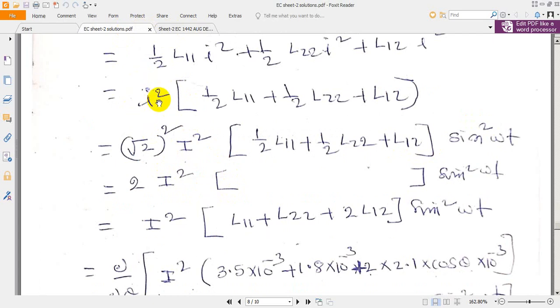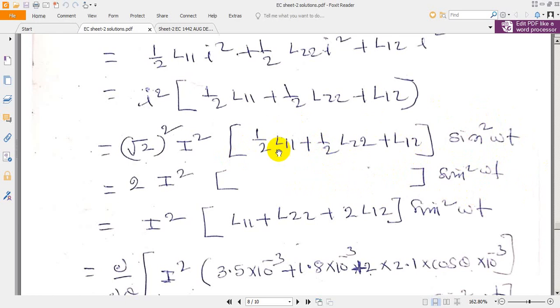If you substitute root 2 I sin omega t, you will get root 2 square I square sin square omega t. Root 2 square is 2, so we get 2 I square sin square omega t, and we write the expression as it is, half L11 plus half L22 plus L12.